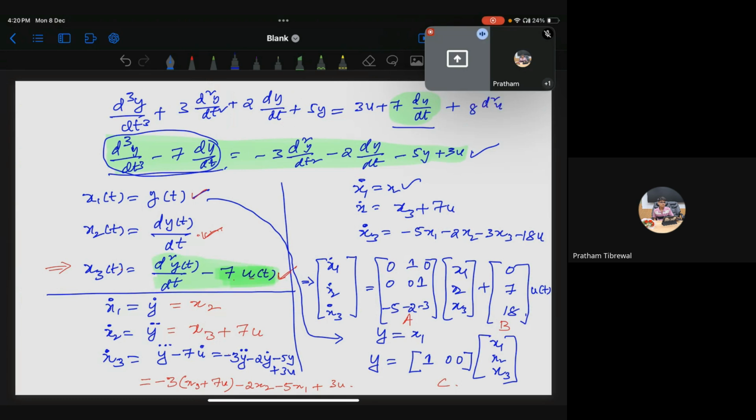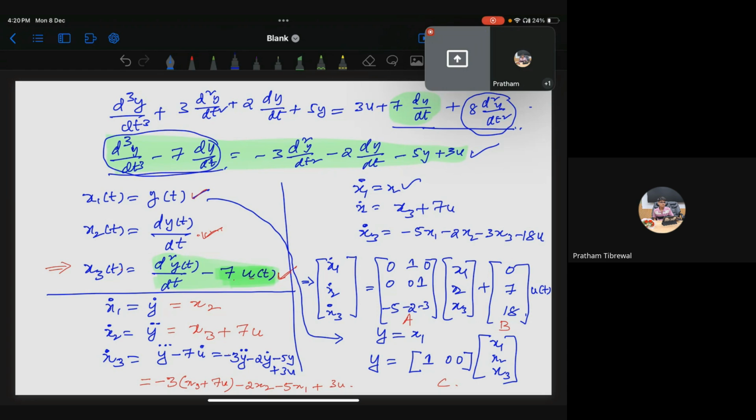Suppose now I have an 8 d square u by dt square term, so what should I do? Suppose one more term is there in the problem, like d cube u upon dt cube. I've added an extra term here.